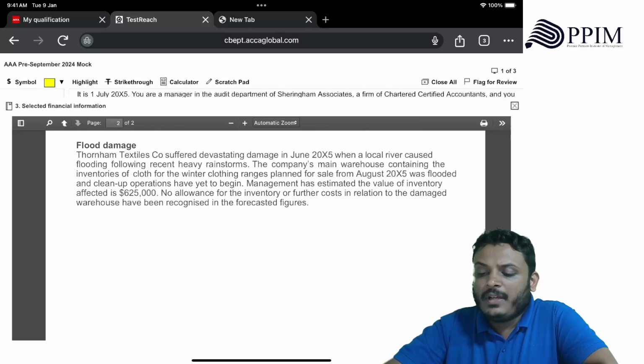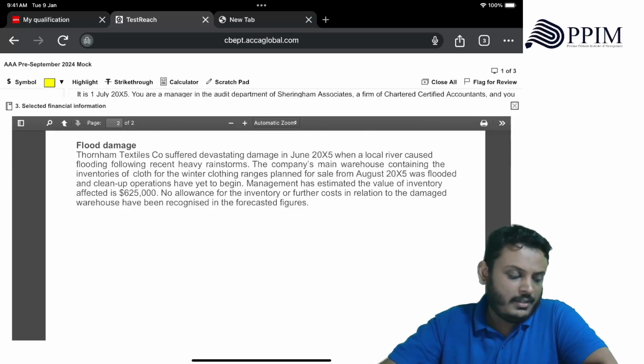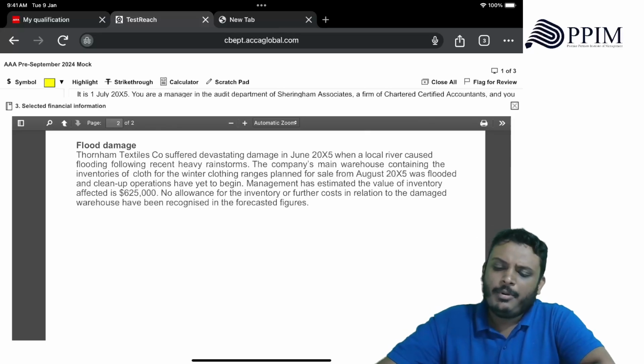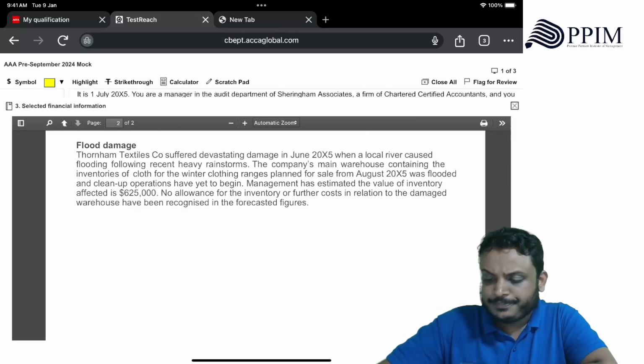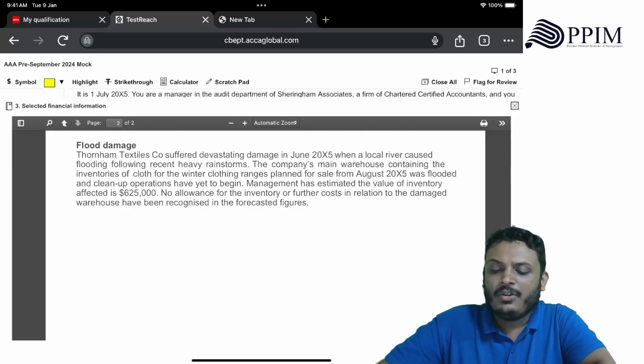The company's main warehouse containing inventories of cloth for the winter clothing ranges planned for a sale from August 2005 was flooded, and cleanup operations have yet to begin. Management has estimated the value of inventory affected is 625,000. No allowance for the inventory or further cost in relation to the damaged warehouse have been recognized in the forecasted figures.